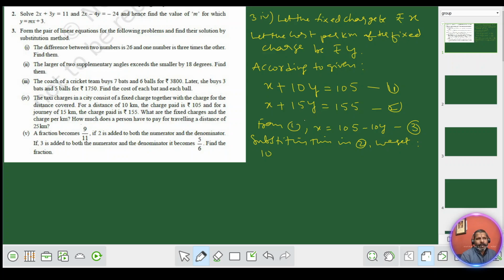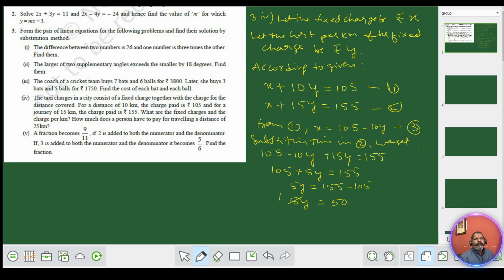So X plus 15Y becomes 105 minus 10Y plus 15Y equal to 155. Now solve this. 105 minus 10Y plus 15Y is how much? 5Y equal to 155 minus 105. 5Y equal to how much does it come? 50 rupees.